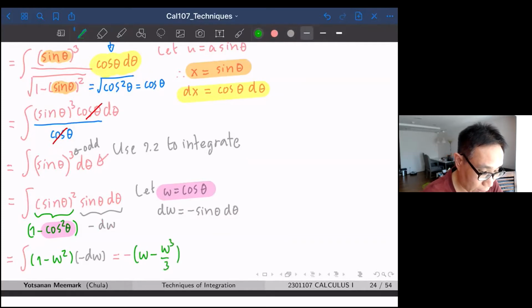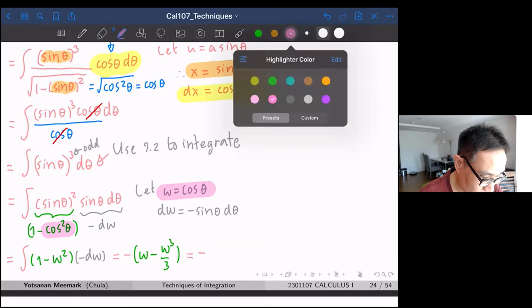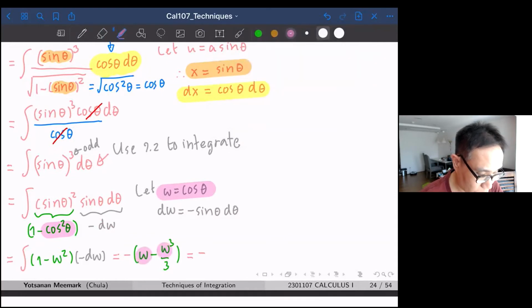And this one will be negative, and w equal to cos theta, so it's going to be negative cos theta plus cos theta to the third power over 3.